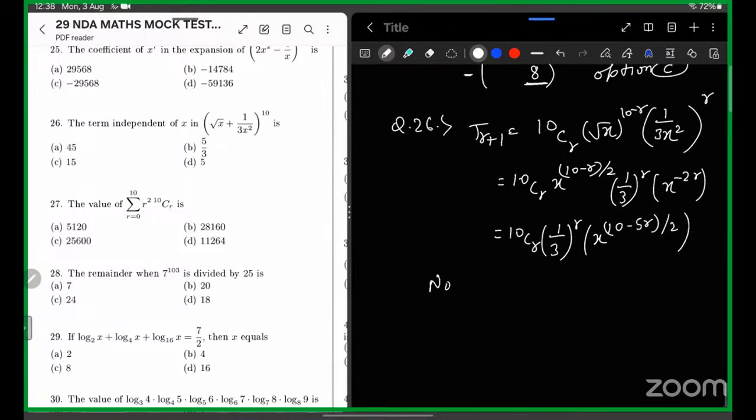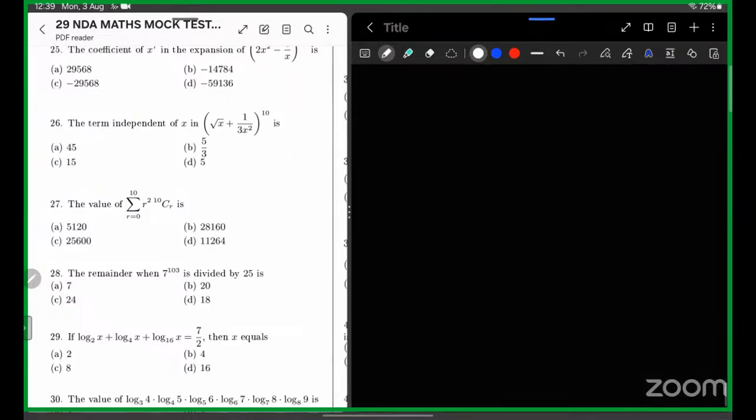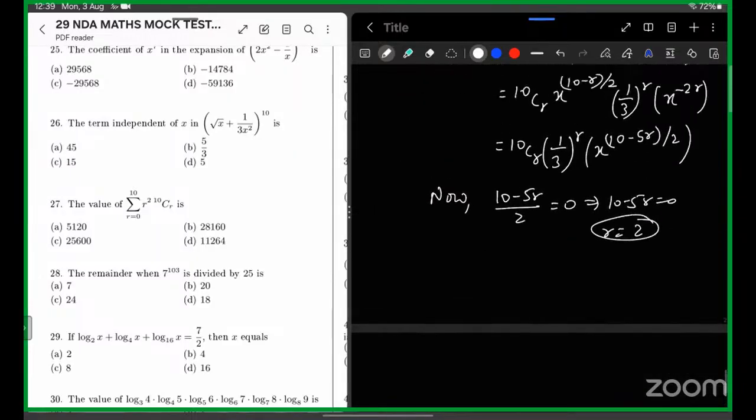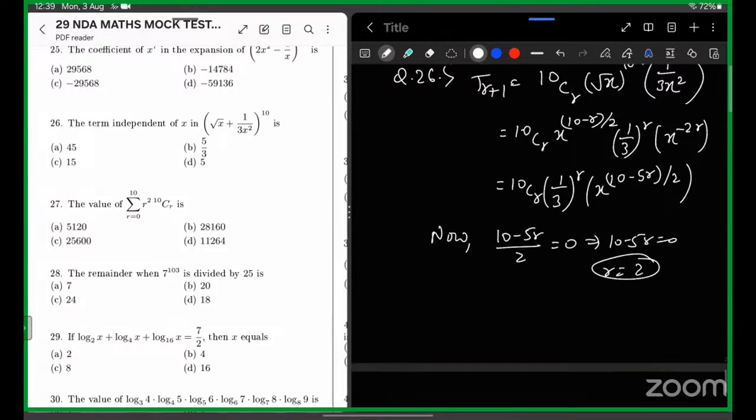Now, they are saying the term should be independent of x. That is, (10 - 5r)/2 must be equal to 0. So 10 - 5r = 0, which means r = 2. Therefore, the r value is 2.